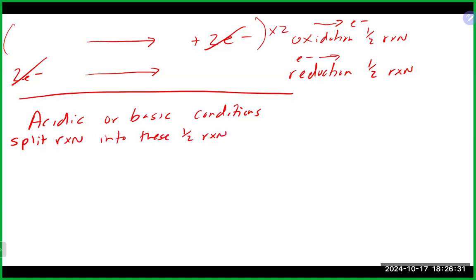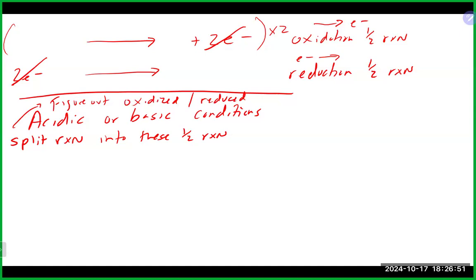So you should end up having an oxidation half reaction and a reduction half reaction. I would also, a step before that, figure out who is being oxidized and who is being reduced.